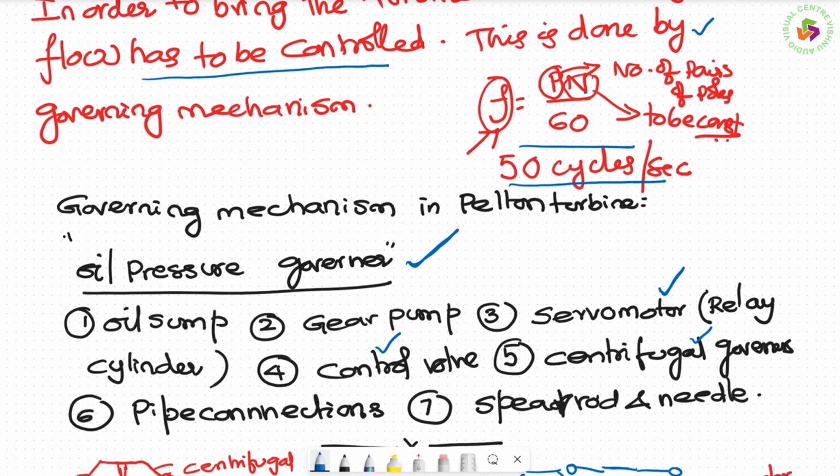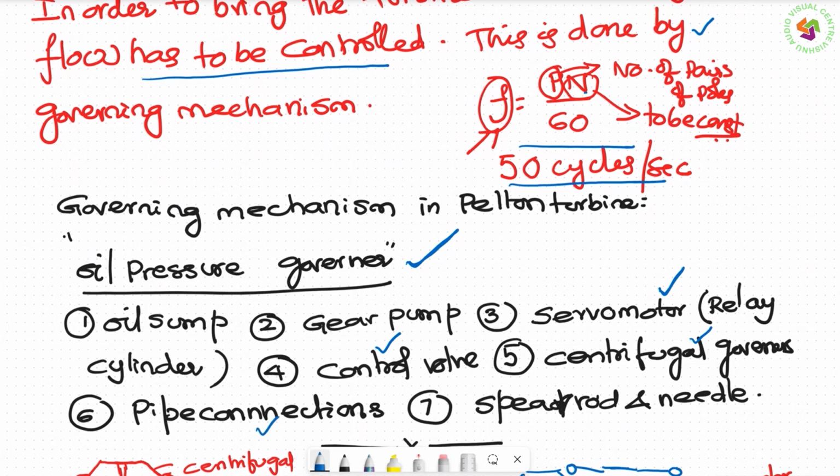The centrifugal governor is nothing but a sleeve and flyball mechanism, wherein depending on the speed of the turbine, the flyballs move up or move down. It's like an umbrella that gets opened or closed. And then pipe connections, naturally the oil connections to the control valve and servo motor are required.